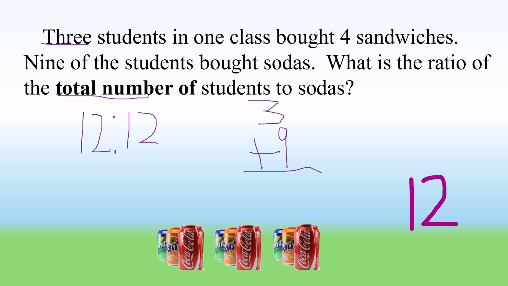So guess what? That means that some of these 9 students shared with these 3 a soda. And so you have really a clear ratio of 1 to 1, because 12 goes into itself one time. So if you had 12 to 12, most likely on a test they'll say, what's the ratio? 1 to 1. And that's the answer.